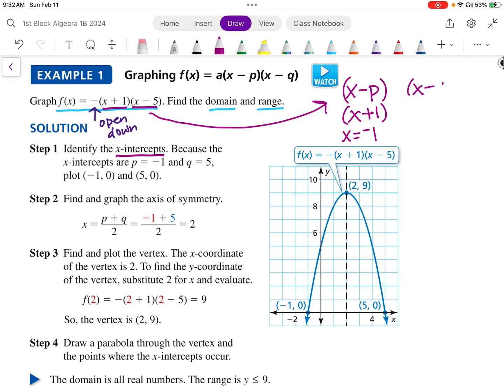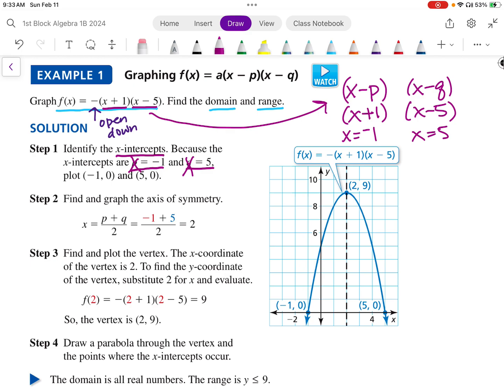And if we're looking at x minus Q, and this says x minus 5, then x equals 5. So our intercepts are negative 1 and 5, and it does not matter which is p and q. They are just placeholders.